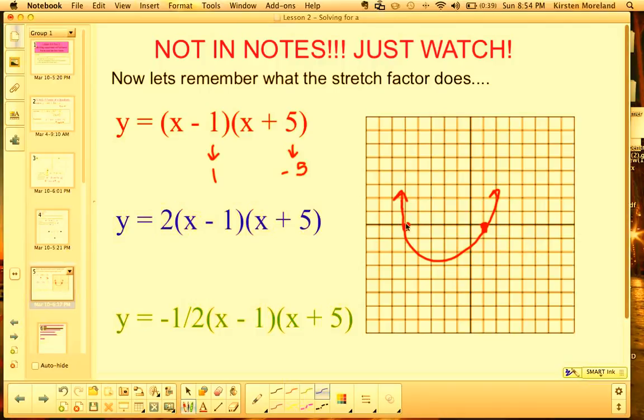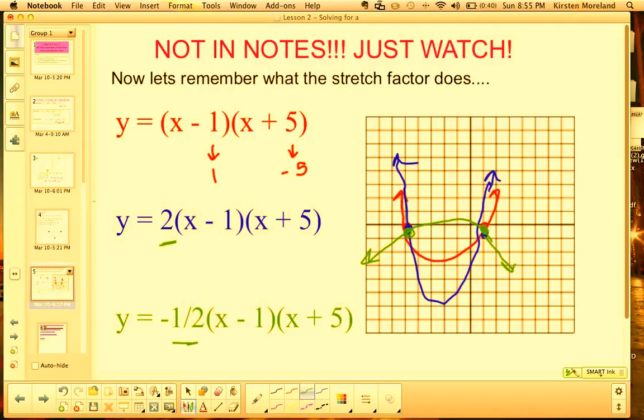All right, but then if I look at the next one, it's got the same thing, but remember that 2 in front makes the graph narrower, so it's going to be a lot skinnier. It's going to be stretched. My U's are not happening today, but, and then that last one, remember, a 1/2 in front and negative makes it wider and makes it open down. So all of these graphs have the same roots, but this number in front is really changing the overall shape of it.